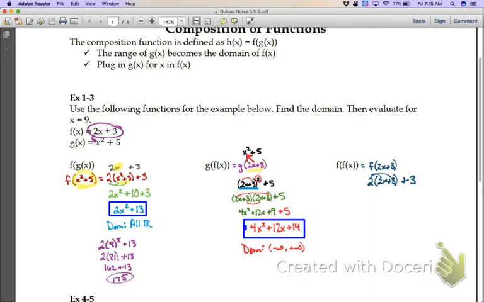Distribute: 4x plus 6 plus 3, 4x plus 9. Domain is still all real numbers, negative infinity to positive infinity. Evaluate it: 9 times 4, 36, plus 9, 45.